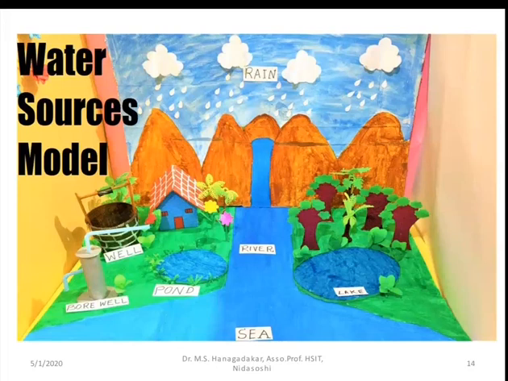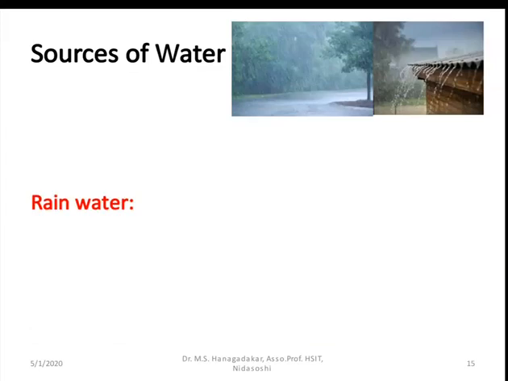Then on the surface of the land, water is available in the form of pond water, lake water, river water, and sea water. This diagram shows very clearly that lake waters are large water systems as compared to pond waters. Let us discuss these resources in detail. So what do we mean by rainwater?